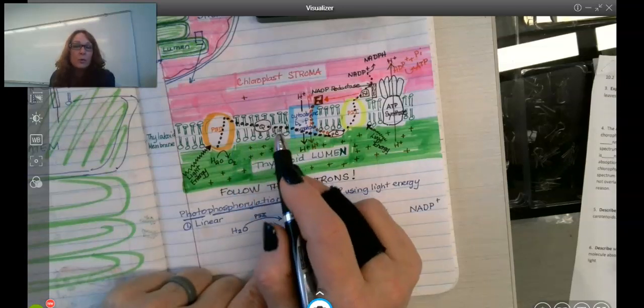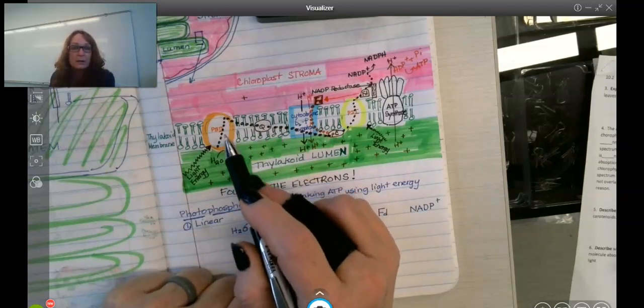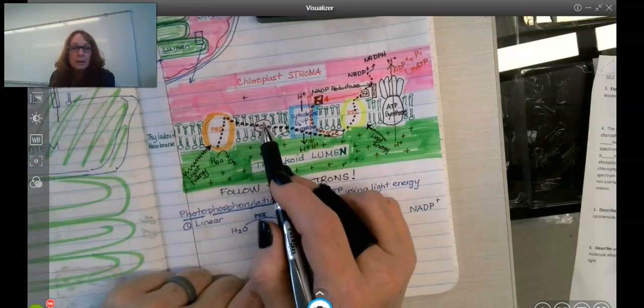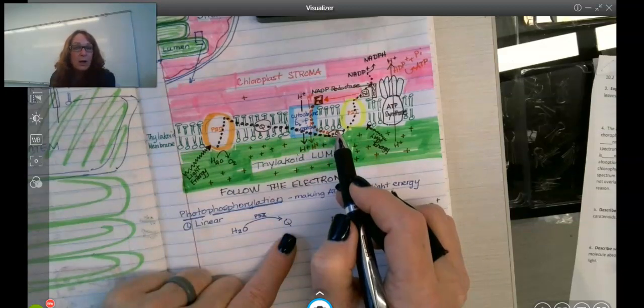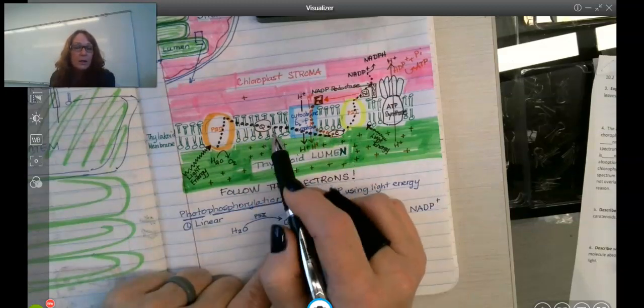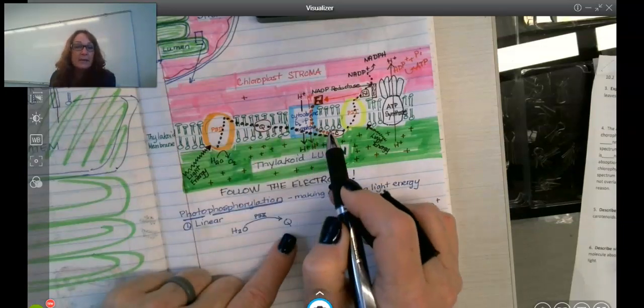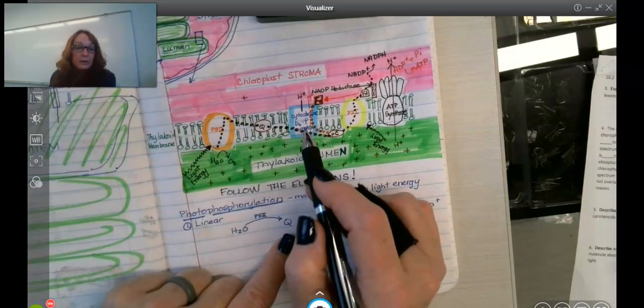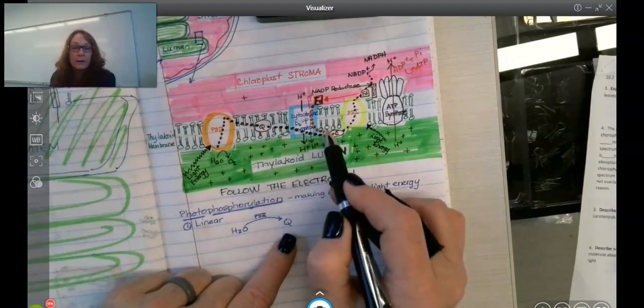Electron transport chain just means you are passing electrons between different electron acceptors. So you're handing it off just like you hand off a baton in a relay race. That's the exact same thing, except the baton would be the electrons. So you're transporting the electrons.